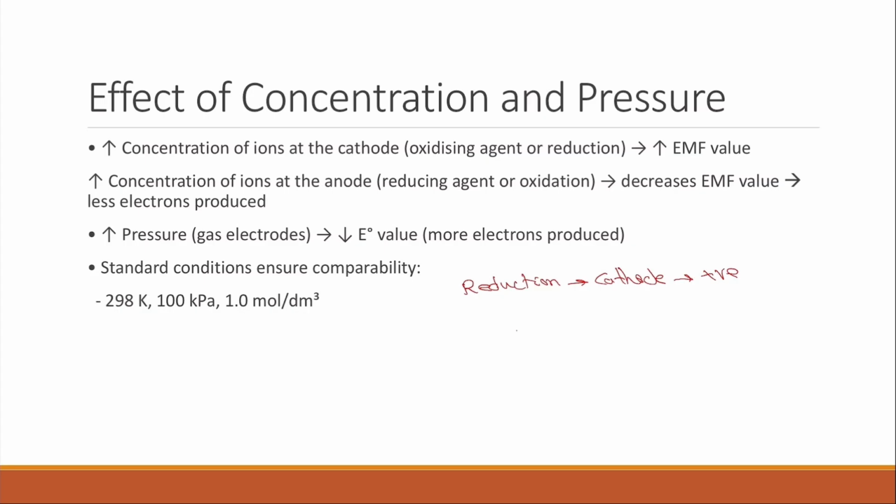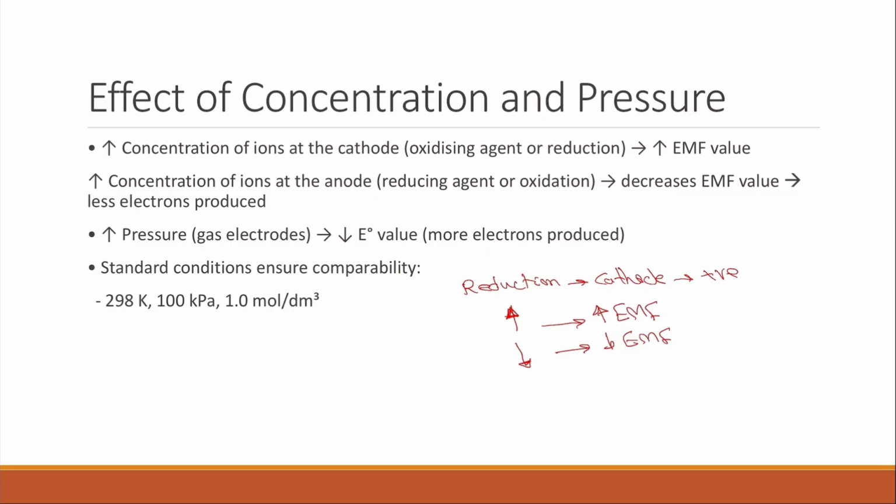If you increase the concentration of the ions at the half cell where the reduction takes place, that will lead to an increase in the EMF, and vice versa. So if you decrease the concentration of the solution at the reduction, that will decrease the EMF. And we can say the opposite for the oxidation.